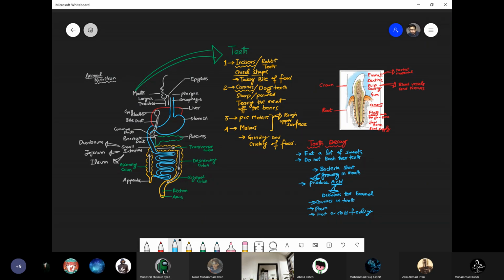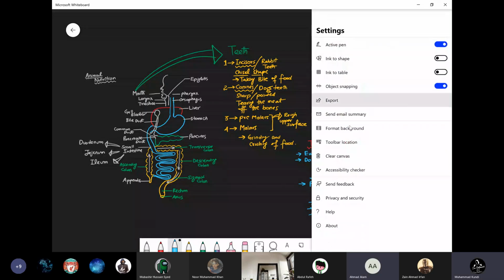Or there is another procedure by which the doctors can put artificial teeth in the mouth, right? When the artificial teeth are in place, then again the person can live a normal life. Right, boys? Yes, sir.